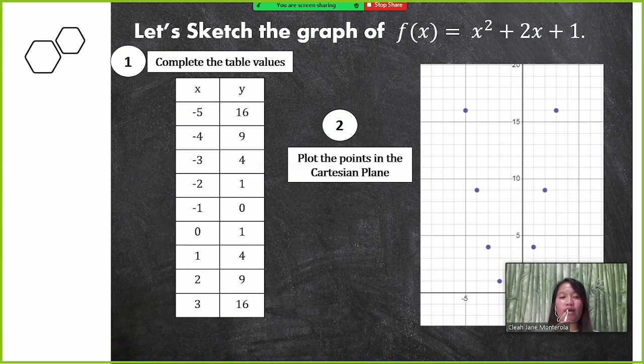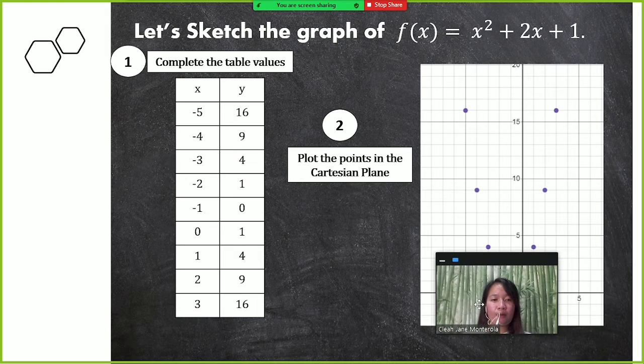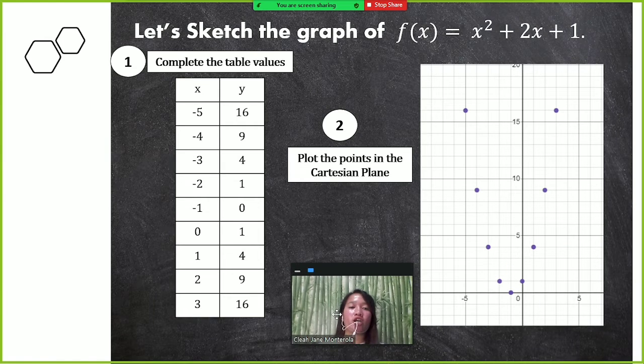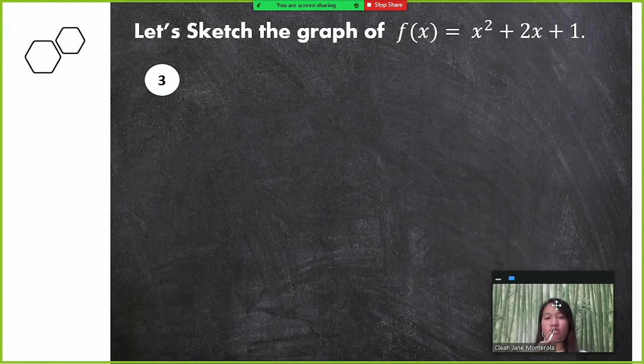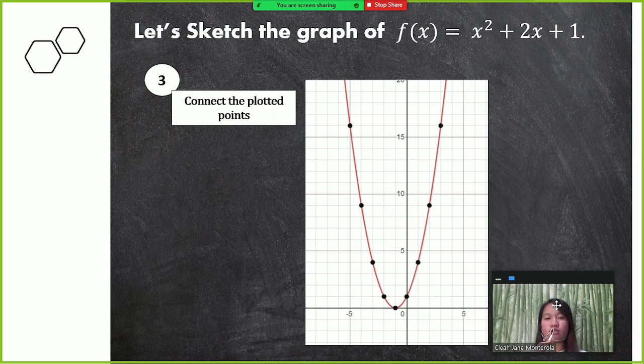Here are our plotted points. Next is to connect the plotted points. So here is our graph. We have already connected the plotted points.